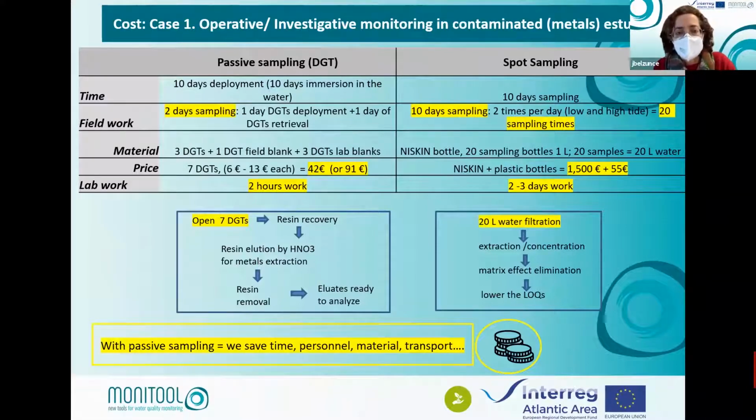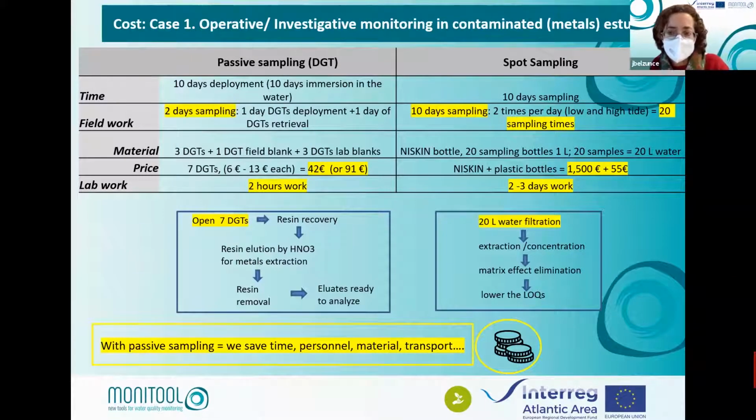We need to study this problem during 10 days. So we can use passive sampling, or we can use spot sampling. What are the differences in cost and resources? In the field work, we need just 1 day for DGT deployment, and 1 day after 10 days of deployment, we go again for DGT retrieval.